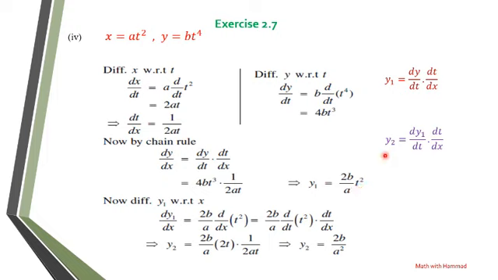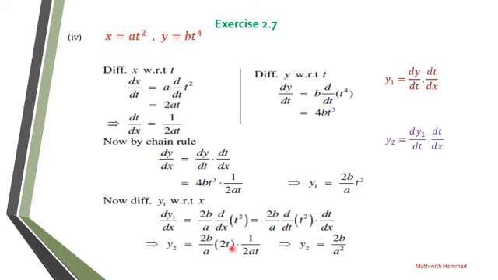Now y2 is equal to dy1 by dt, which means the derivative of this term with respect to t. 2b by a is constant, and the derivative of t square into dt by dx. The derivative of t square is 2t, and dt by dx means 1 over 2at.